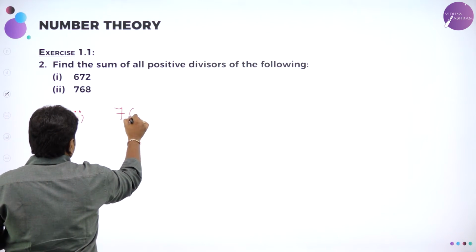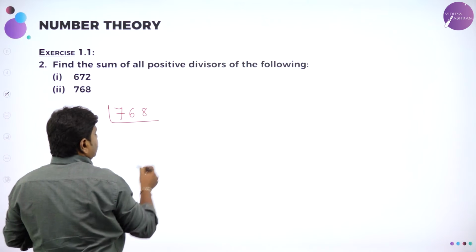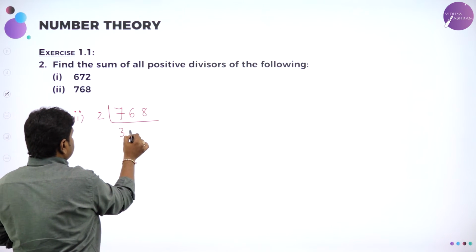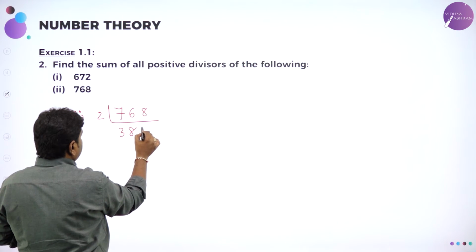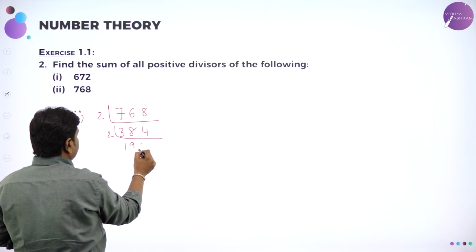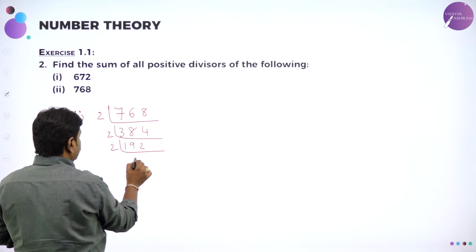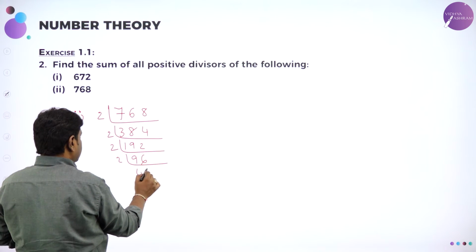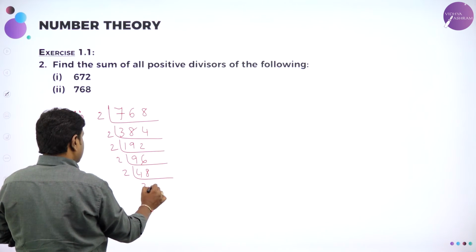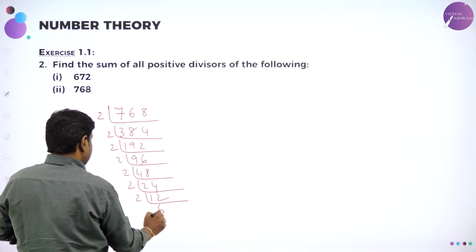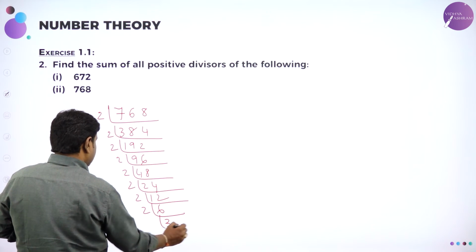Take 768. First, go on dividing with prime factors. 2 3s are 6, 2 8s are 16, 2 4s are 8, 2 1s are 2, 2 9s are 18, again 2 9s are 18, 2 6s, again 2 4s are 8, 2 8s, 2 2s, 2 4s, 2 12s, 2 6s, 2 3s, 3 1s.